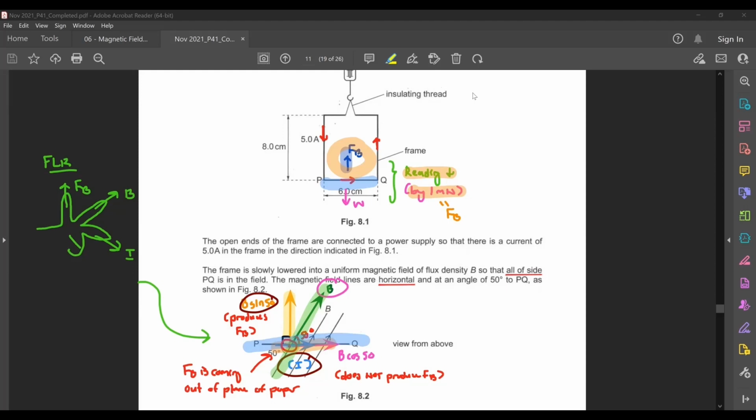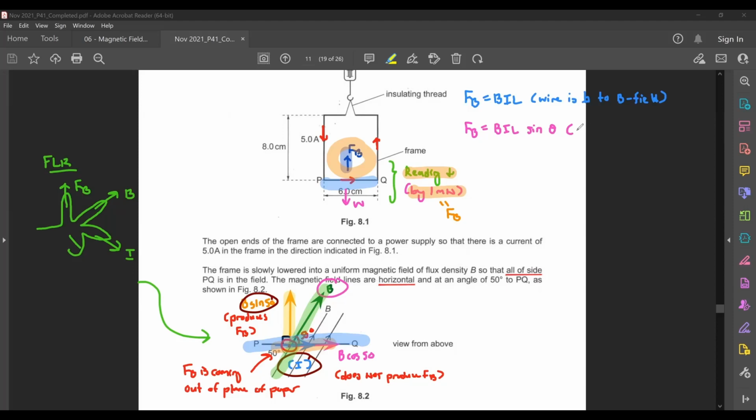When it comes to the force acting on a wire, there are actually two equations. The first one was FB equals BIL. This is only if the wire is perpendicular to your magnetic field. And then the second equation would have been FB equals BIL sine theta.